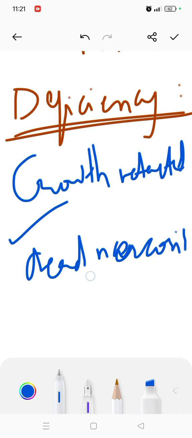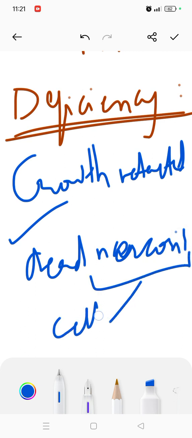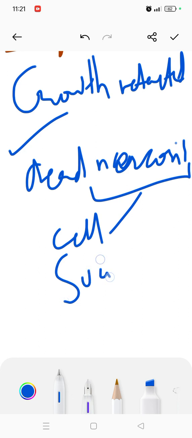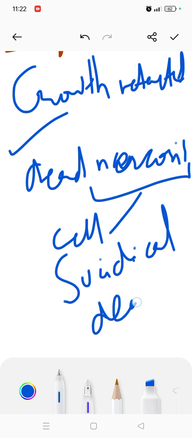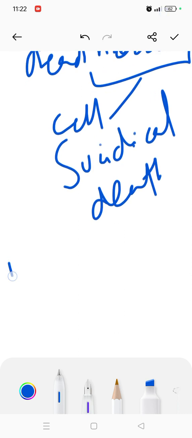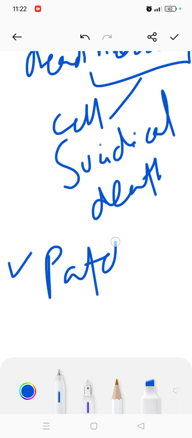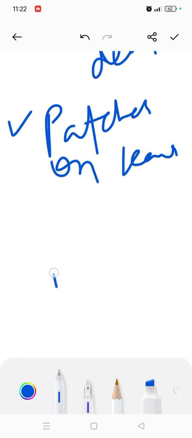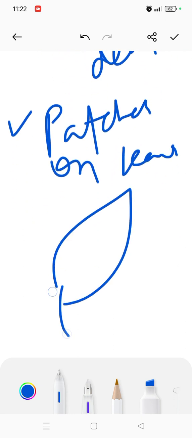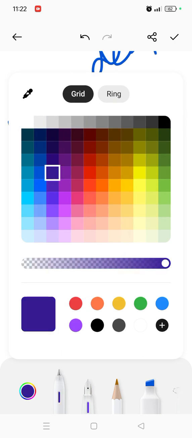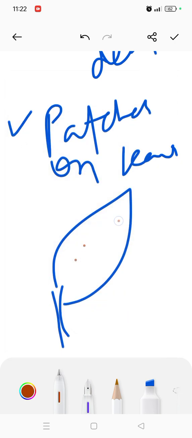Necrosis is simply a process of cell suicidal death. This means this process occurs naturally. Plants themselves die, so it's cell suicidal death. So dead tissue occurs through this process, and you will also see a few patches on leaves. I forgot to add a picture, otherwise, if this is a leaf, you will see some patches over here.